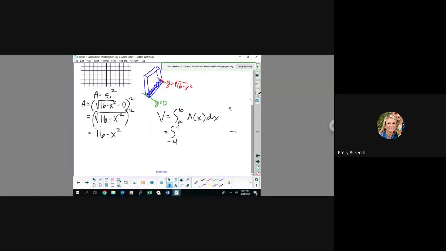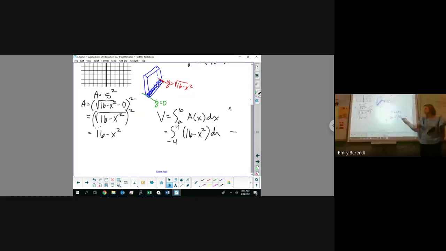Our side squared was our A of x that we cleaned up to become 16 minus x squared. And now we're ready to integrate.